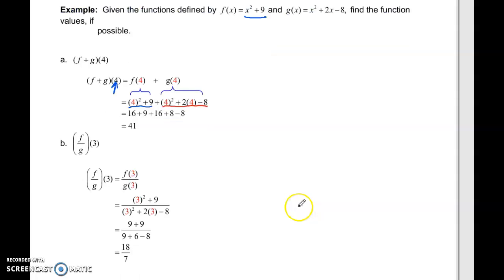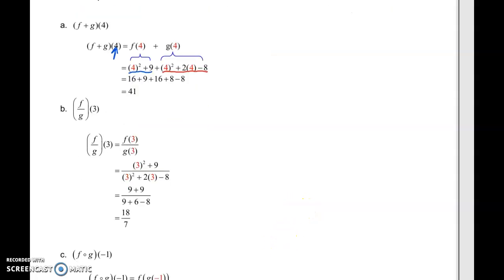In the next example, again, done for us, here we have f divided by g of 3. So this means that we're going to take function f, evaluate it at 3, divide by whatever g of 3 is.